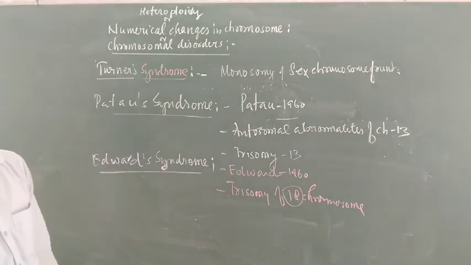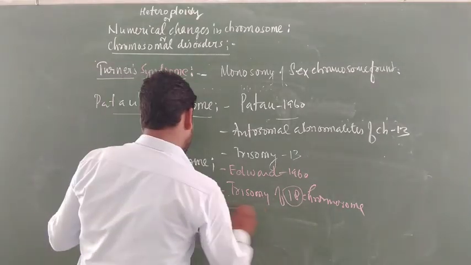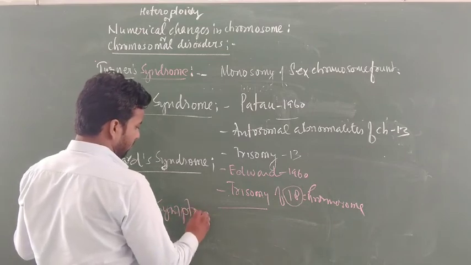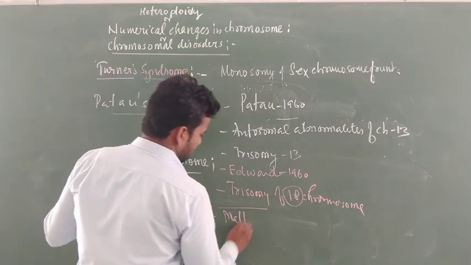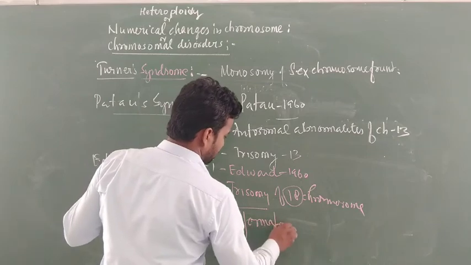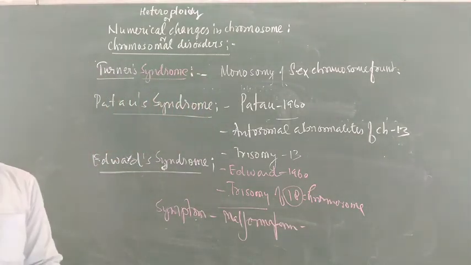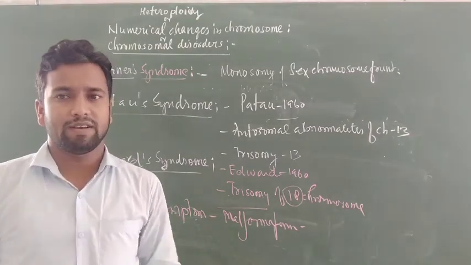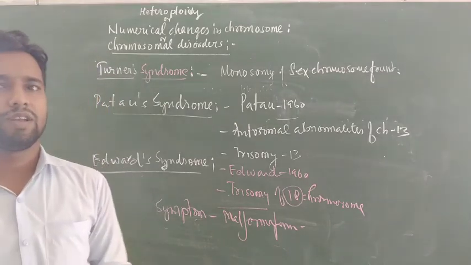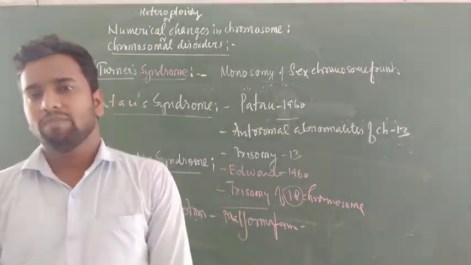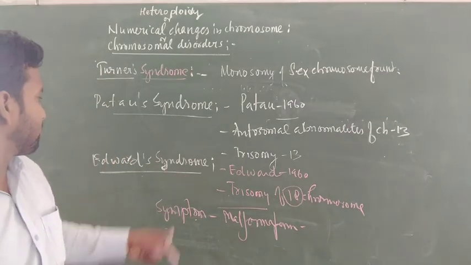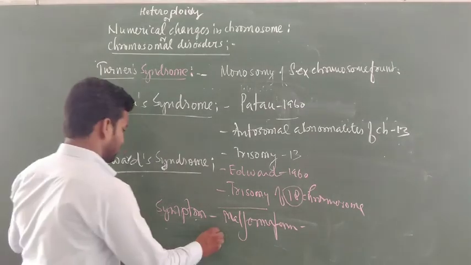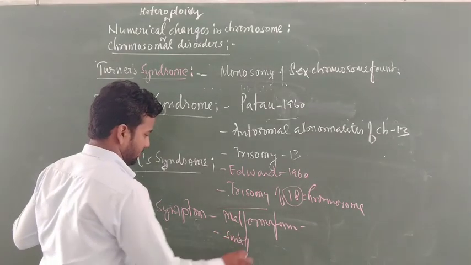What are the symptoms? Malformation in many organs. Many organs of the body are malformed, which means they are not formed properly, like the hands and legs, head and body parts. Malformation occurs in various parts of the body, especially the mouth is small, and the person is short statured.